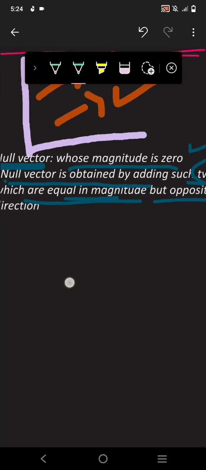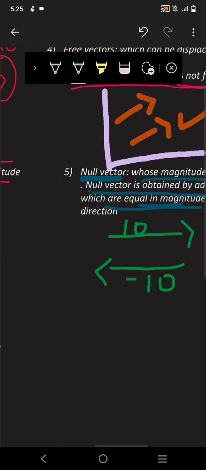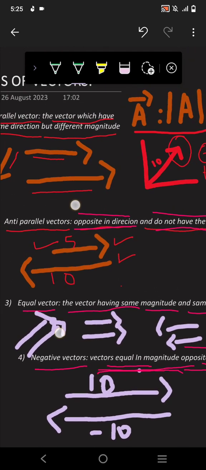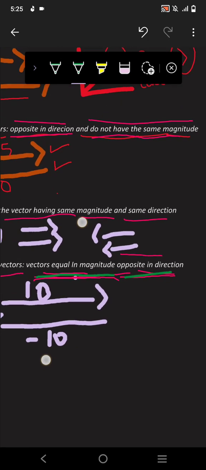Let me draw a good diagram, so that 10 is equal in magnitude, opposite in direction. Tell me which type is this? This is the type of negative vector. Right, we have understood this. Where is that? Yes, vectors equal in magnitude, opposite in direction.